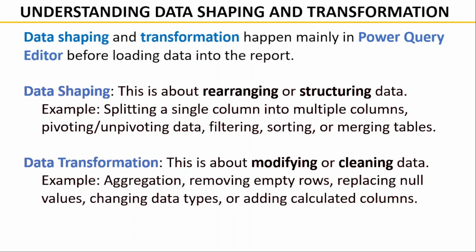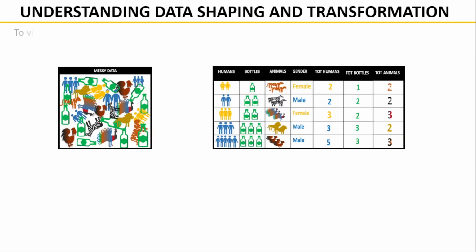While data transformation is about modifying or cleaning data. For example, aggregation, removing empty rows, replacing null values, changing data types, or adding calculated columns.